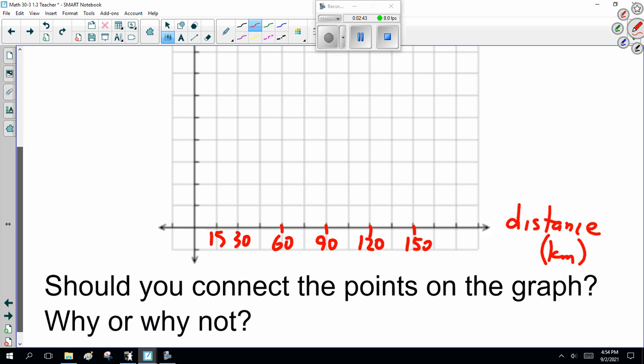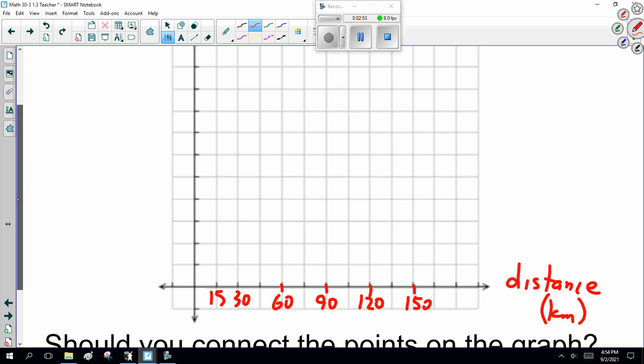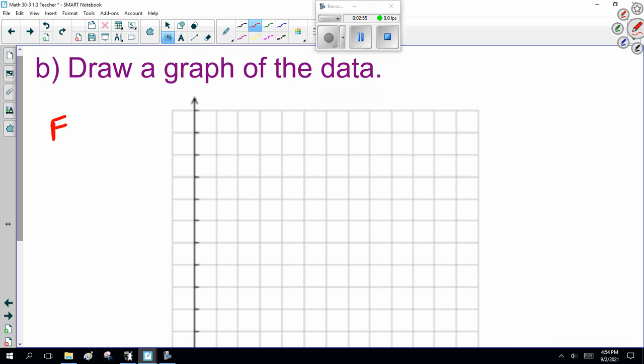All right? So if you tick mark, every tick mark becomes 15 kilometers. And this will be fuel remaining, in liters. Now this is one of the few times it doesn't deal with money. But anyway.